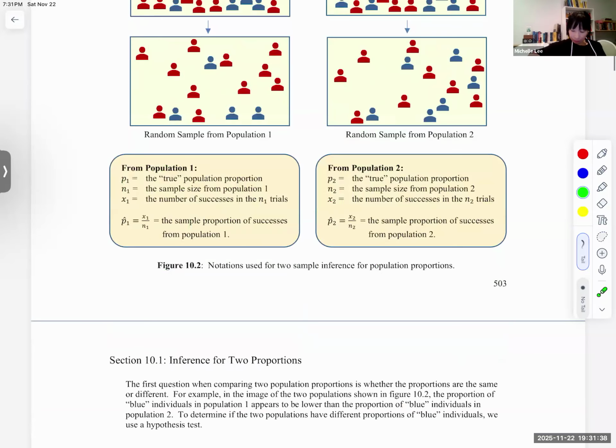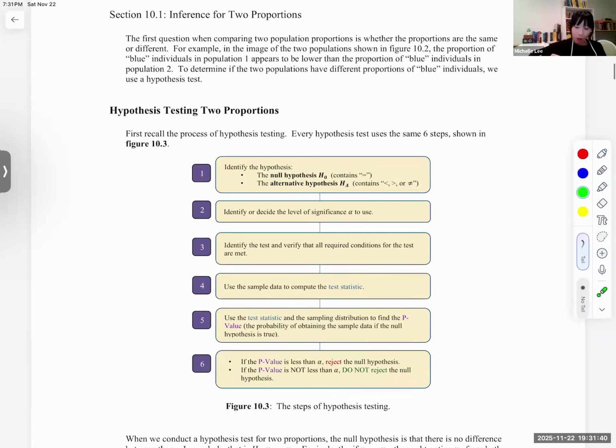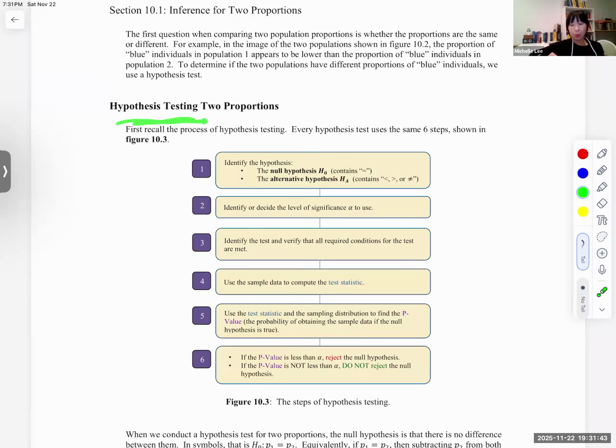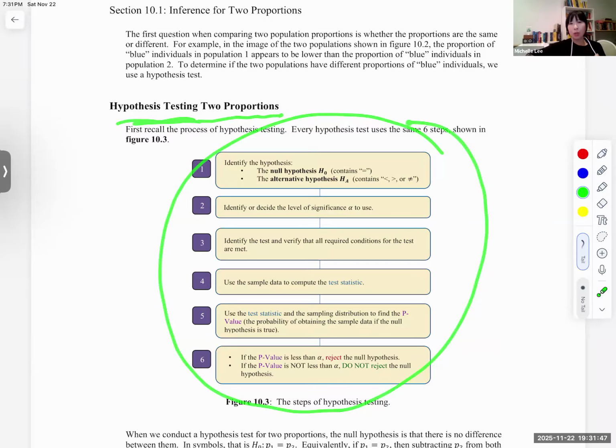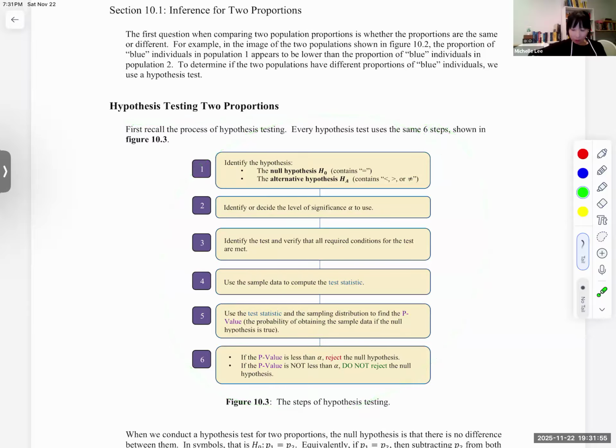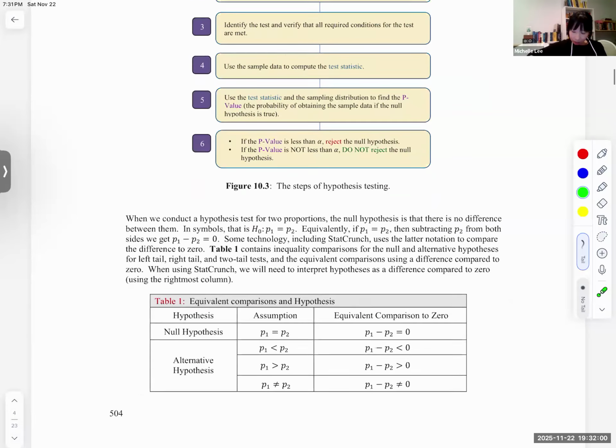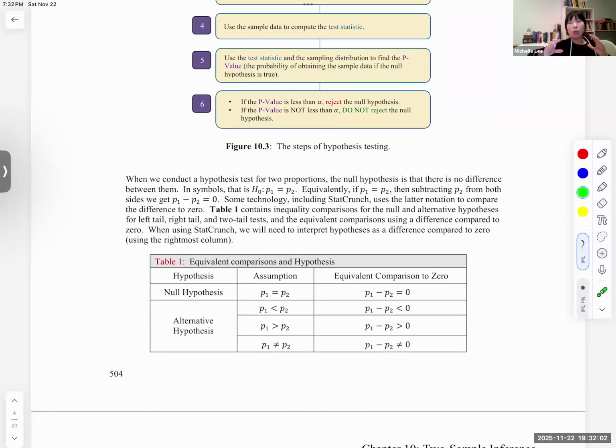All right, so we do hypothesis testing for two proportions. It is exactly the same process as with one proportion, but now we compare two proportions. How do we set it up? Normally, with one proportion, we have p equal to some number.